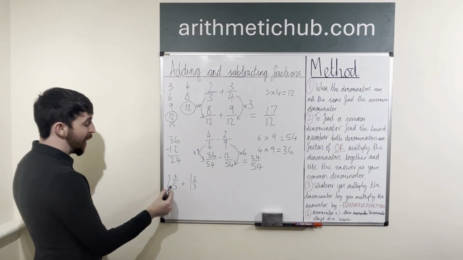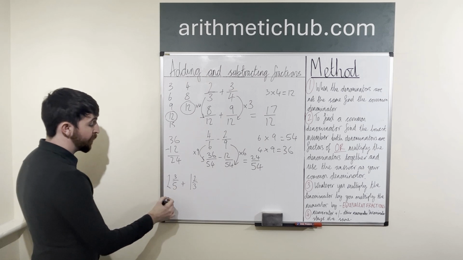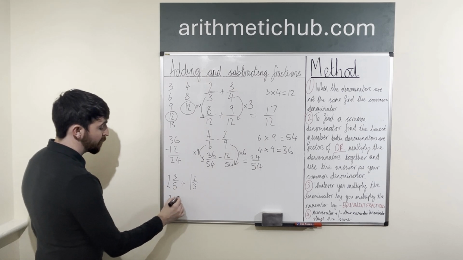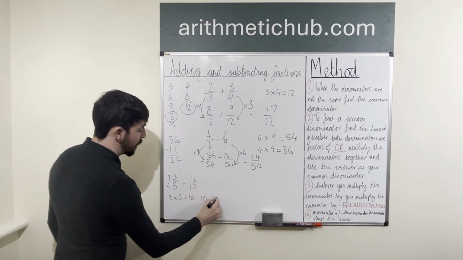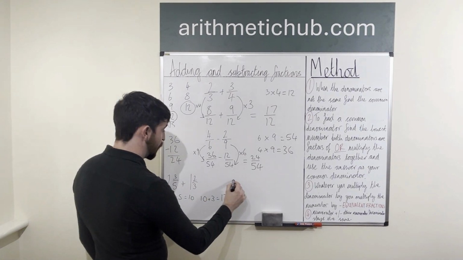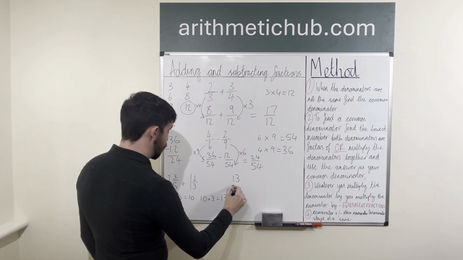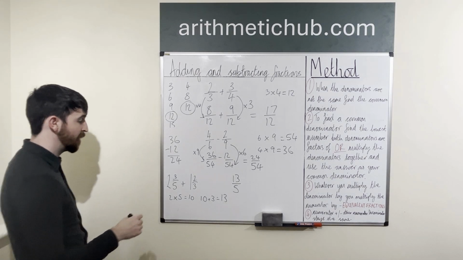Okay, so what I would do is I would do 2 times 5 is 10, 10 add 3 is 13. So I know that I've got 13 over 5, as my 2 3/5 is the same as 13 over 5.